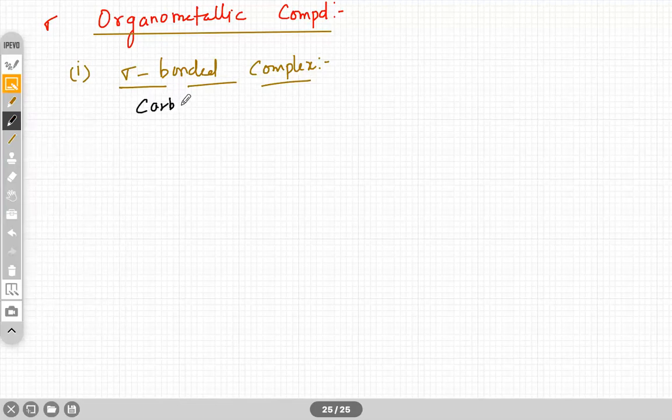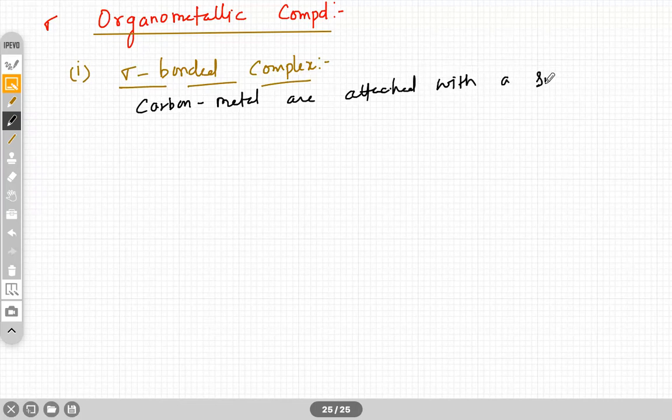Carbon and metal are attached with a sigma bond, and hence we call it a sigma bonded complex.